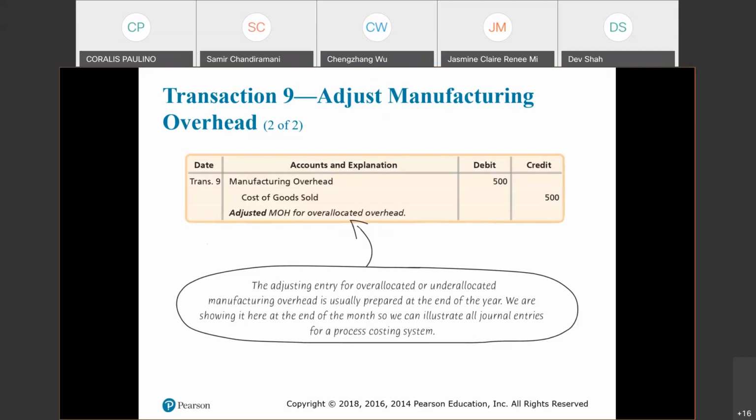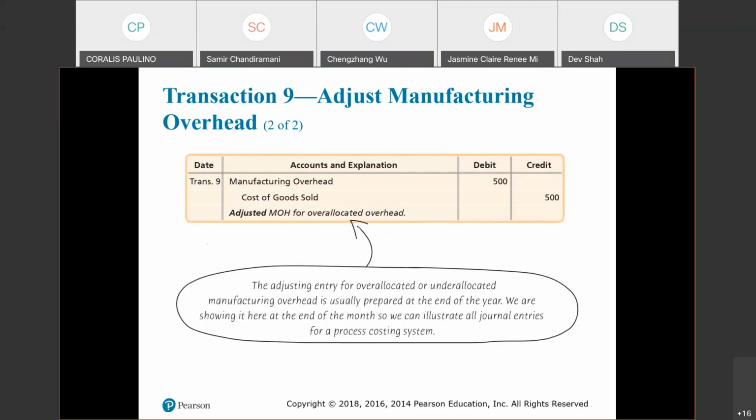So, in case of over-allocation, the adjusting entries for over-allocation or under-allocation is usually prepared at the end of the year.